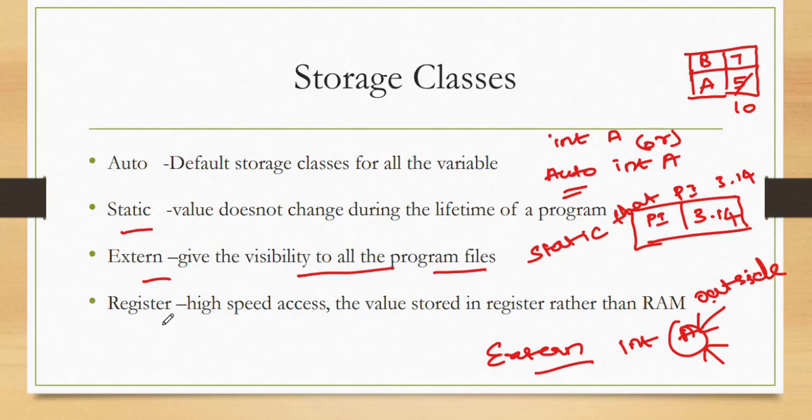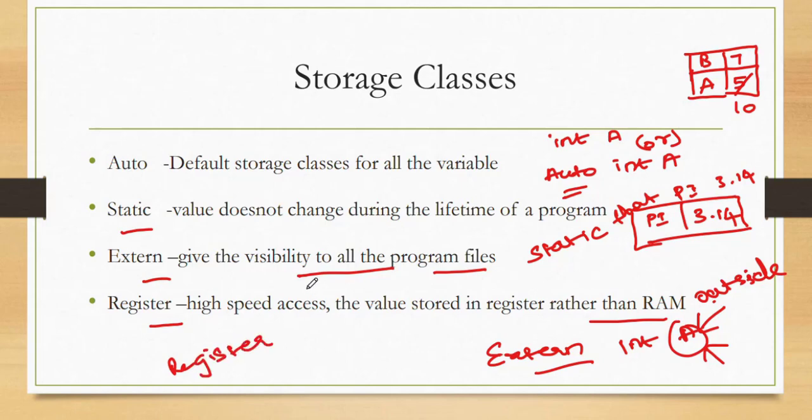And the last one is register. Register means it gives high speed access. The value is stored in a register rather than RAM, so I am able to access it very fast. For example, if I want to access a student phone number quickly, I can declare that variable as register.